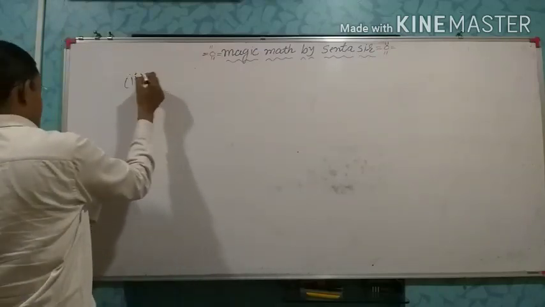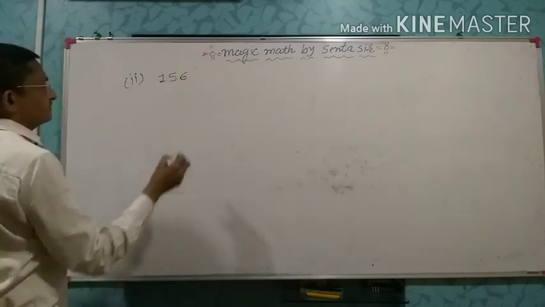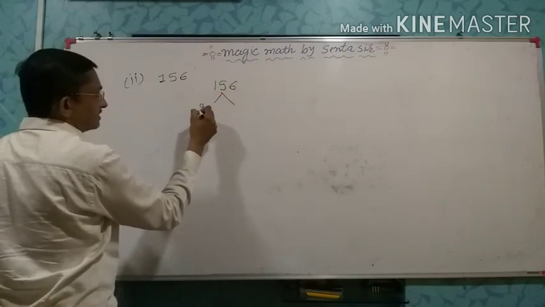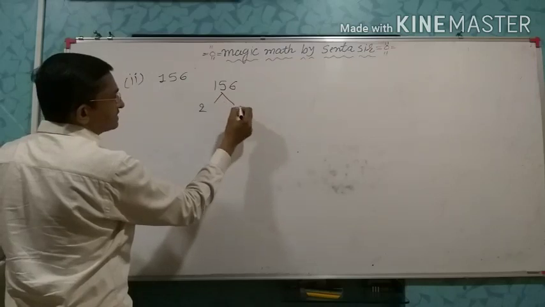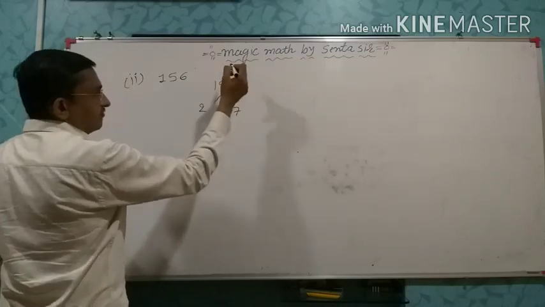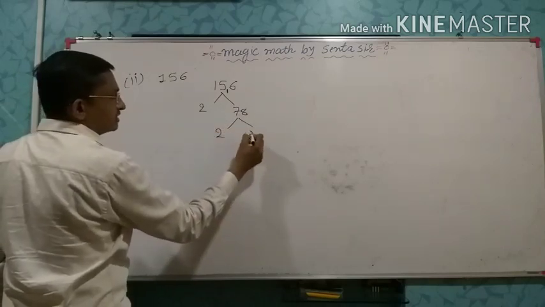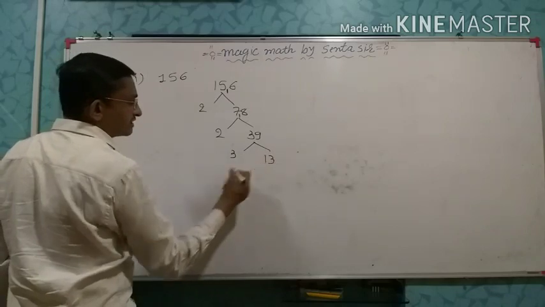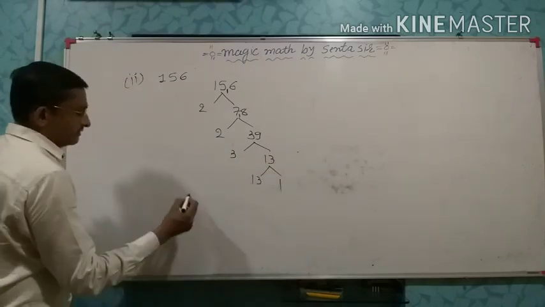The second one is 156. 156 is an even number. Therefore, we divide by 2. 2 sevens are 14, 2 eights are 16. 2 threes are 6, 2 nines are 18. 3 13s are 39, 13 ones are 13.